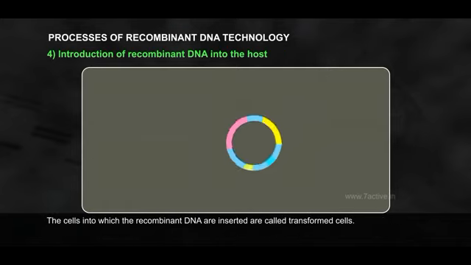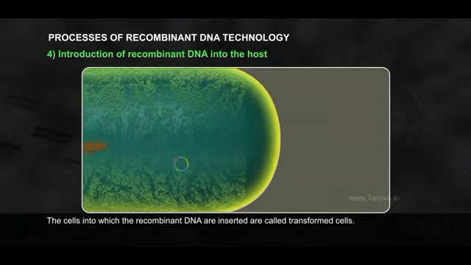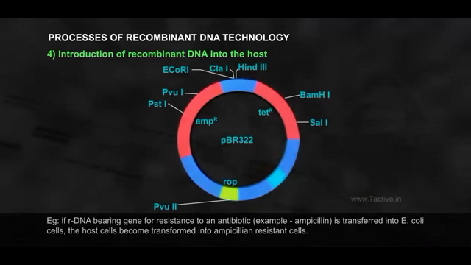The cells into which the recombinant DNA is inserted are called transformed cells. For example, if rDNA bearing a gene for resistance to an antibiotic, for example ampicillin, is transferred into E. coli cells, the host cells become transformed into ampicillin-resistant cells.